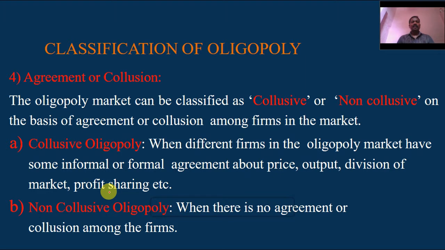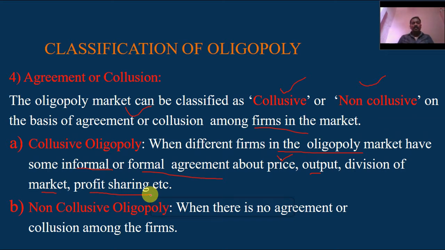Then on the basis of collusion, the markets are classified as collusive and non-collusive, based on agreement among the firms in the market. A collusive oligopoly is when the firms in the market have some informal or formal agreement regarding price, output, and division of the market, and even sharing of the profit.